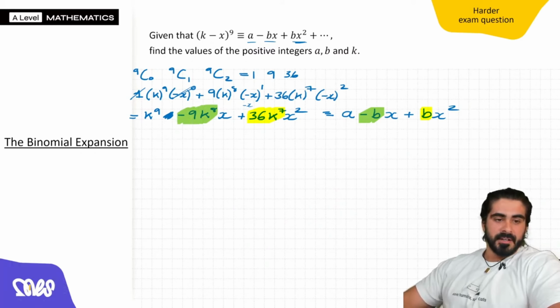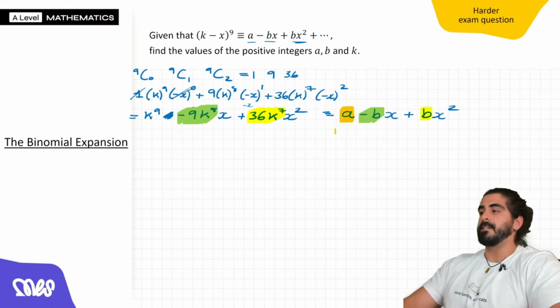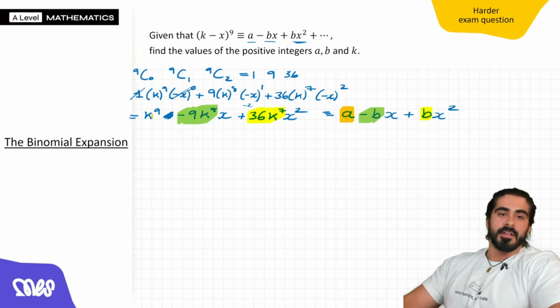And finally, a. This is just the constant. This is the term independent of x. On the other side, that's k to the power of 9. That's enough for us to find out what a, b, and k have to be. So remember what we said? We said b, if we look at the yellow highlights, b equals 36k to the power of 7.